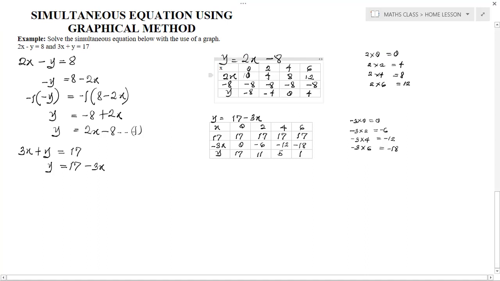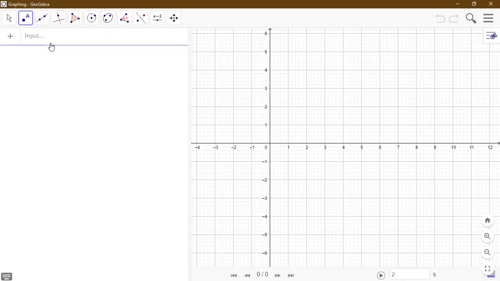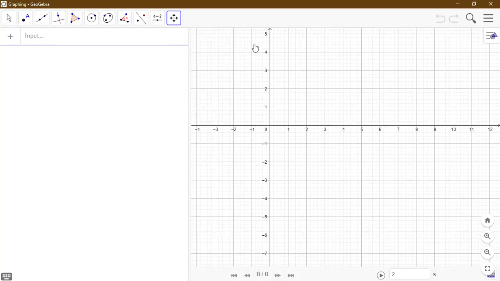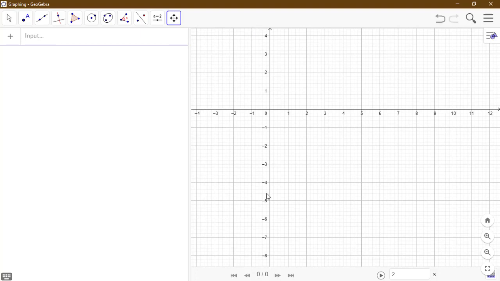For the first equation, y equals 2x minus 8, x is 0 when y is minus 8. So we put it there, 0, minus 8. Let me pick that place. So this is the place.